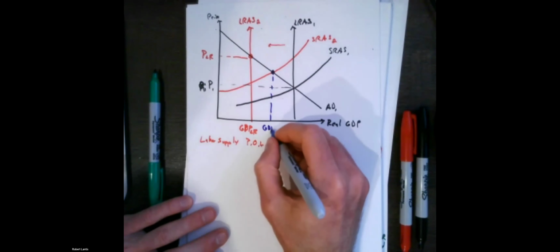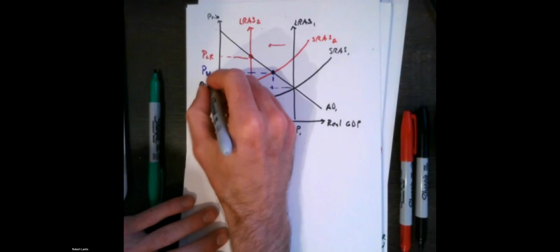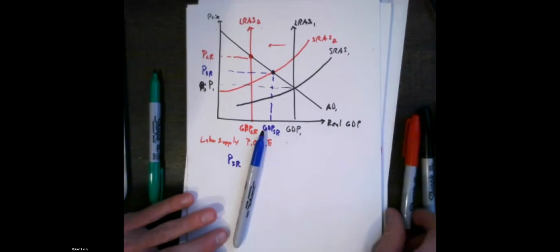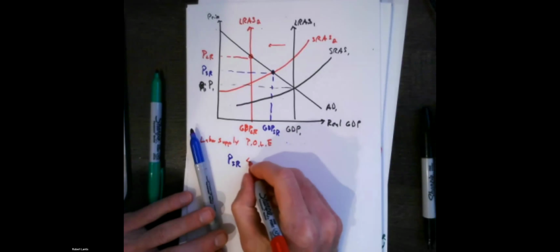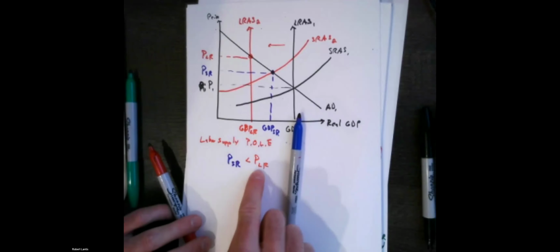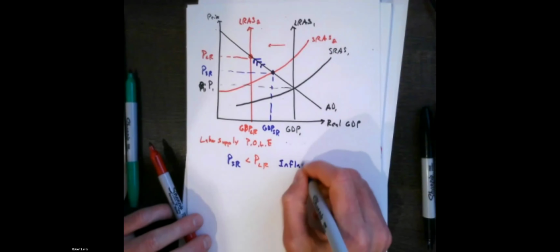So this would be our level of real GDP, and this would be our short run price. So our price in the short run is too low. It's lower than long run prices. So what do we expect? We expect over time those prices will increase to the long run level.